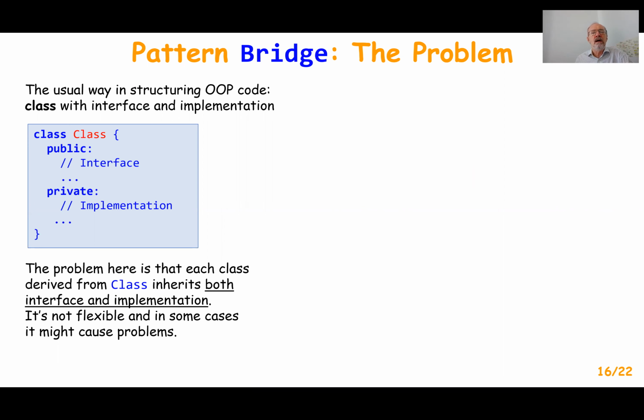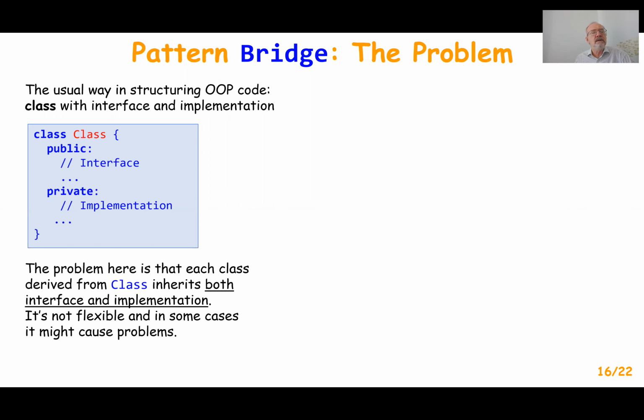programming. The point is that the typical class, as we define it in our program, has, as you of course know, two parts, interface and implementation. The interface is the way clients of that class communicate with instances of that class. Implementation is how this class is internally implemented.